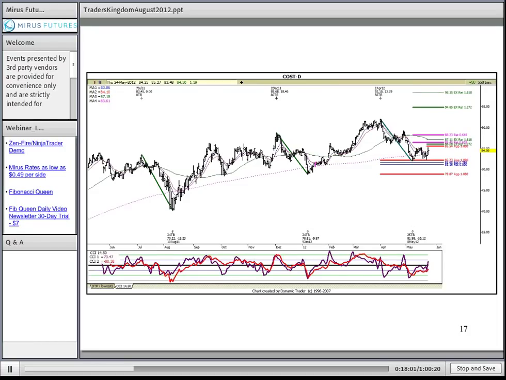As far as another example with some of these timing considerations, I really like these a lot because I've found them to work also on the intraday charts. But if you get something on a daily chart, this was a really good one. This was in the newsletter before it happened. This was a 24 trading day decline in Costco.